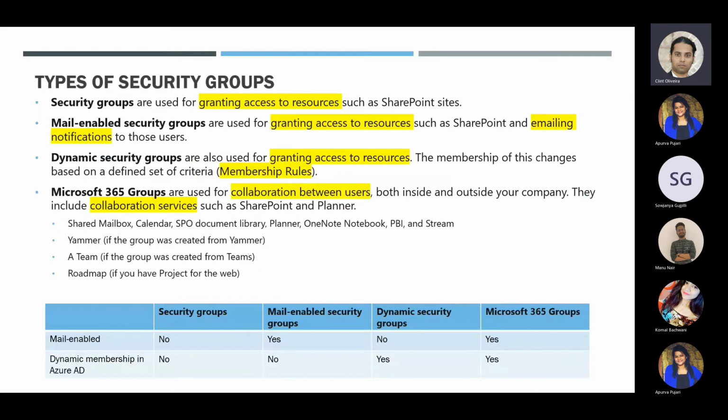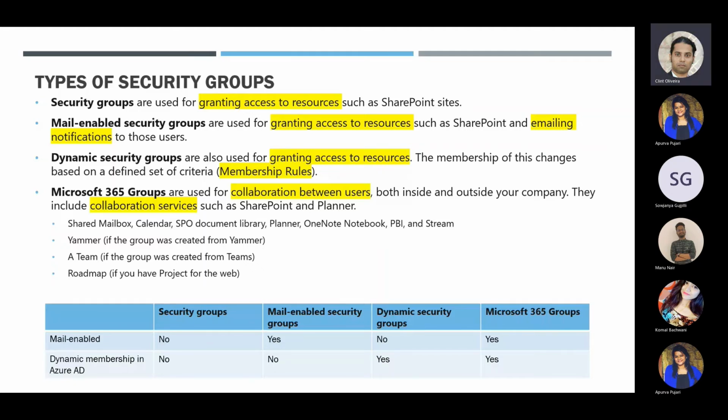Now you have different types of security groups. For distribution lists, you only have two types of lists. One is dynamic, one static. For security groups, you have your regular static security groups, which can be used to grant access to many resources, not just SharePoint sites, but any type of resources that can be granted access, right?